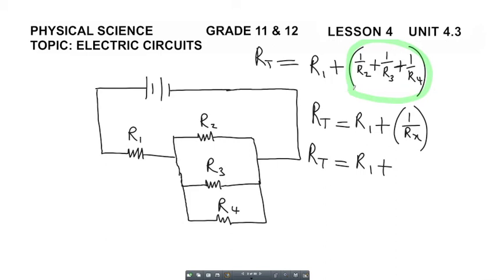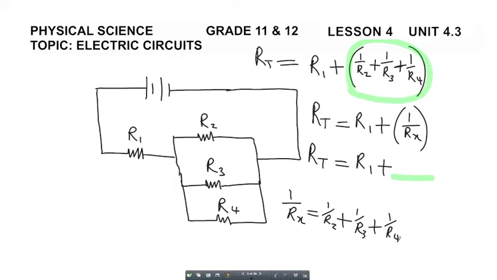So therefore, before we substitute the value here, because remember this has to be a value which is going to represent the sum of those three resistors in parallel, I'll consider another situation where 1 over Rx will equate to 1 over R2 plus 1 over R3 plus 1 over R4.